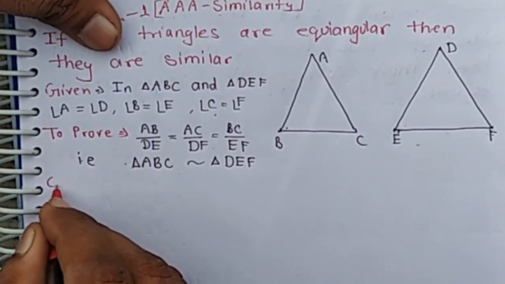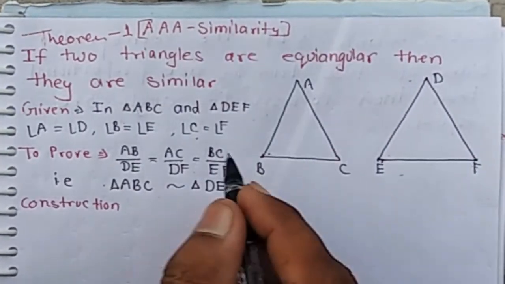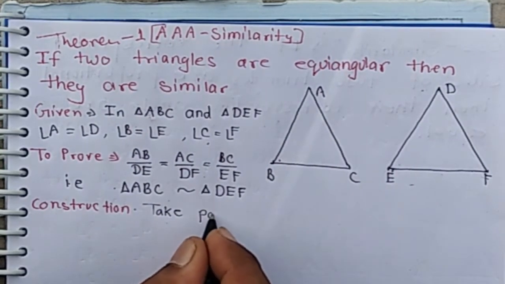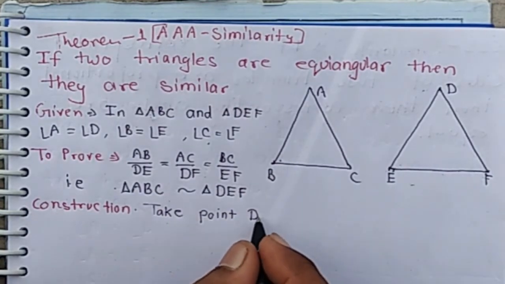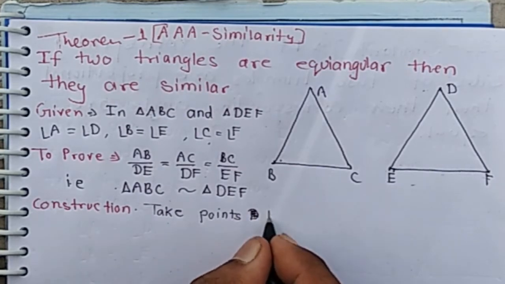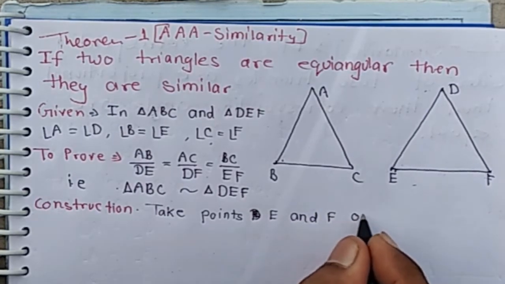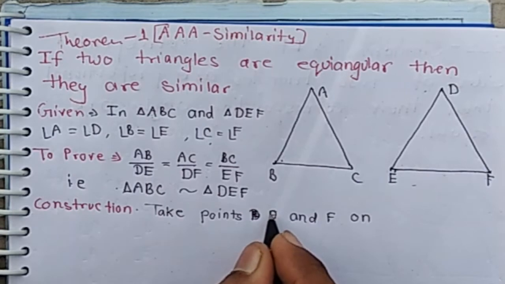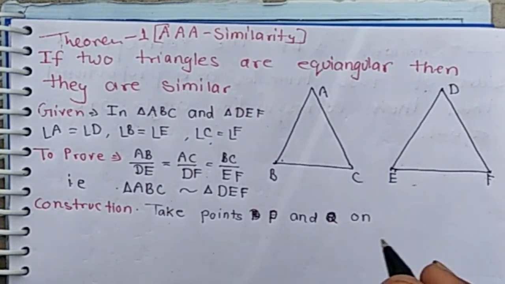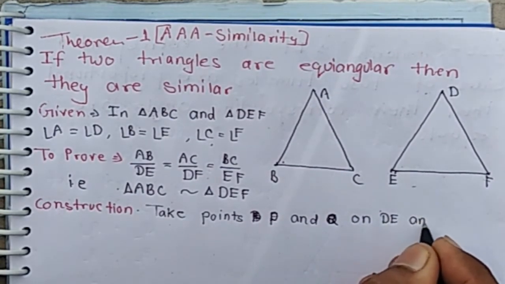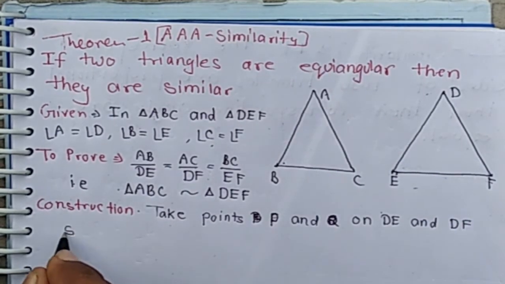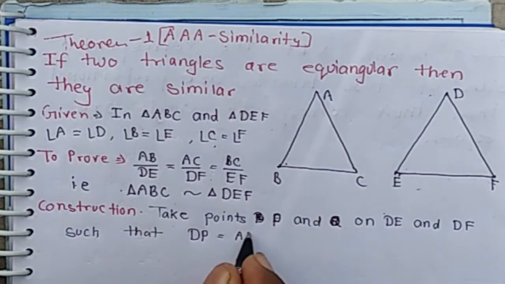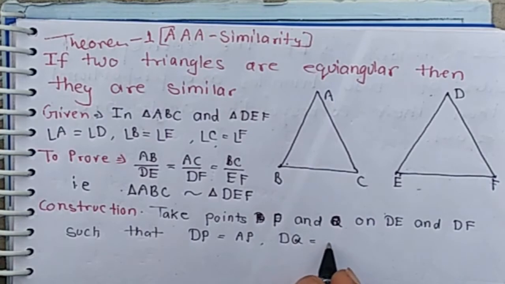Now, construction. Take points P and Q on DE and DF such that DP is equal to AB and DQ is equal to AC.